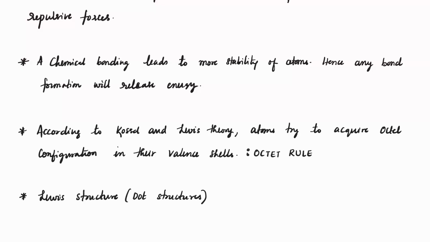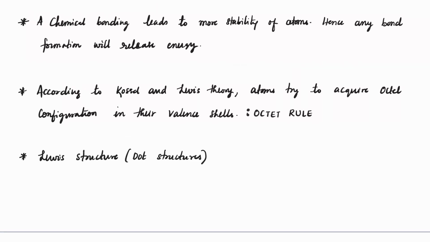Got it? Second, according to Kossel and Lewis theory, atoms will acquire octet configuration in their valence shells, and that is what we call the octet rule.